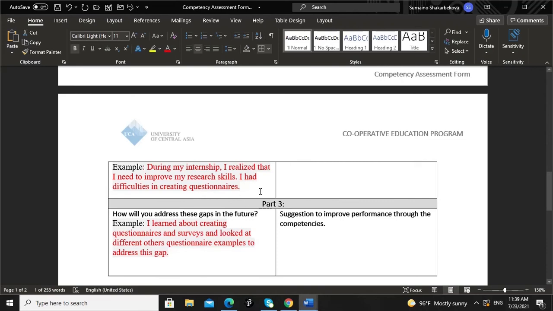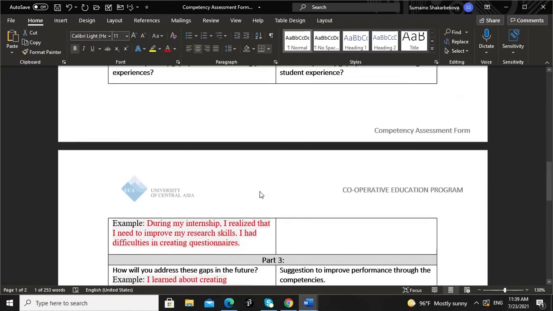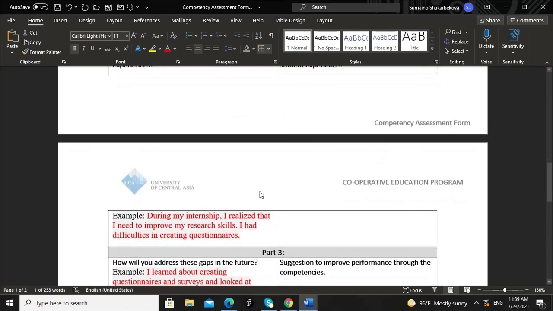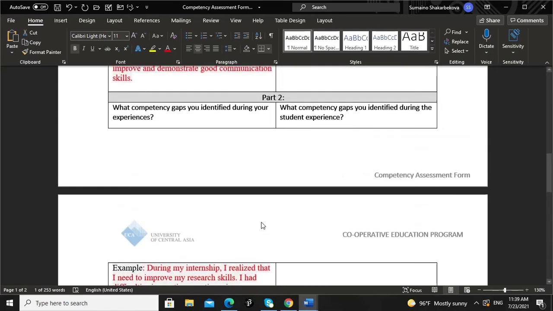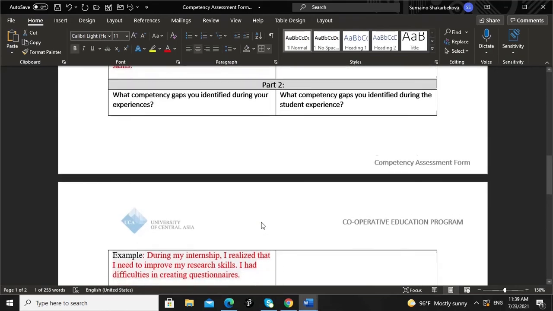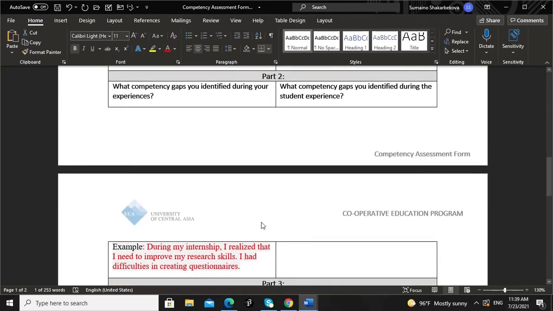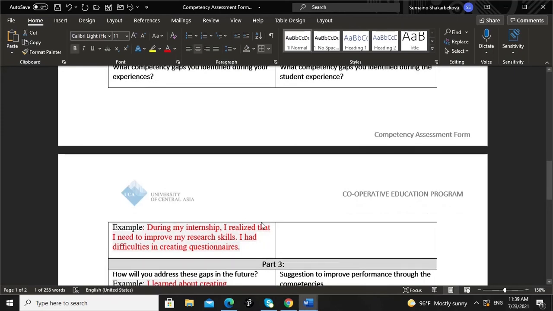Once I had my interview conducted, I demonstrated my communication skills, but I identified a competency gap, which is research skills. Because of lacking this skill, I had difficulties with creating questionnaires. So this is a competency gap.